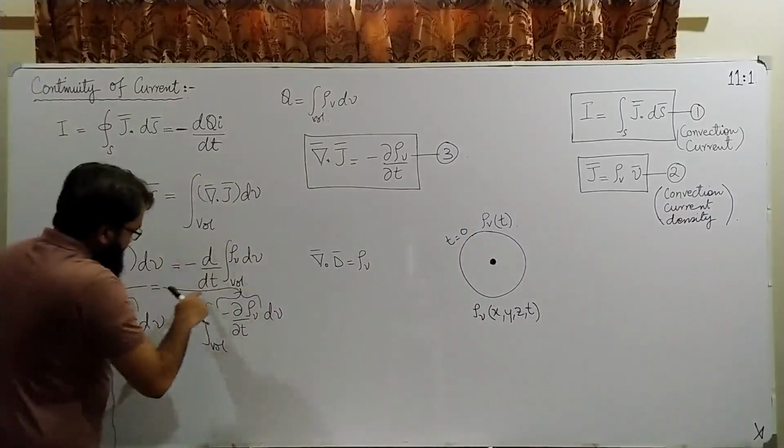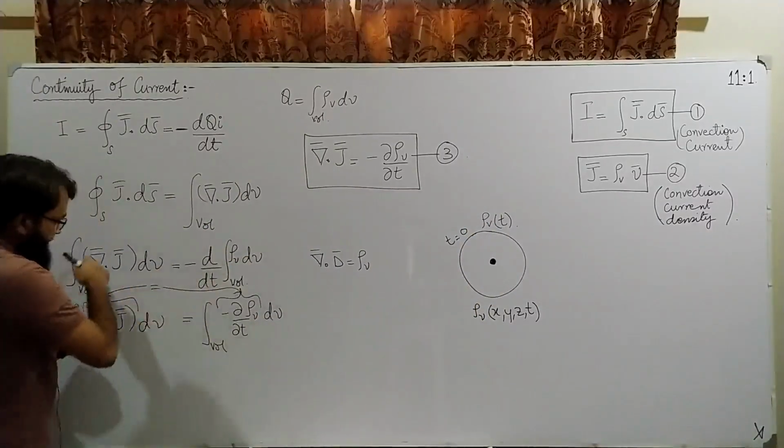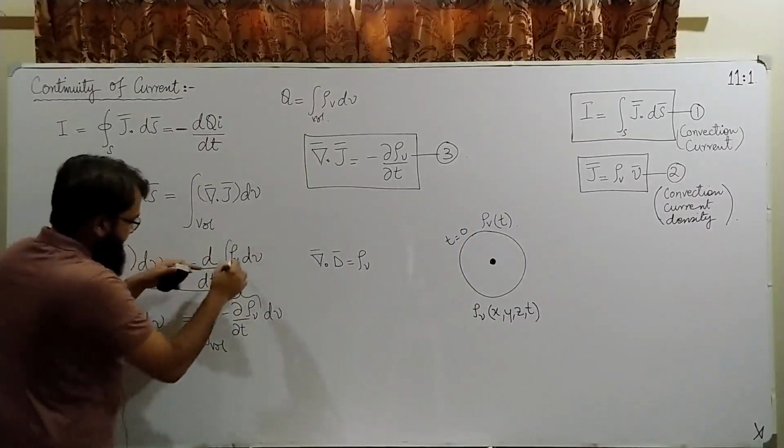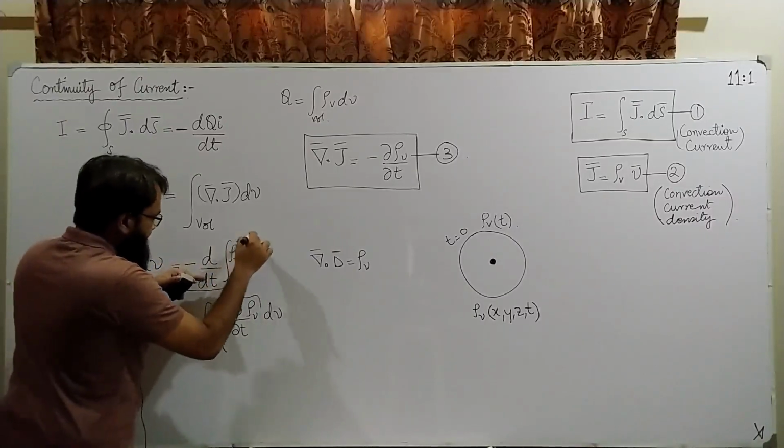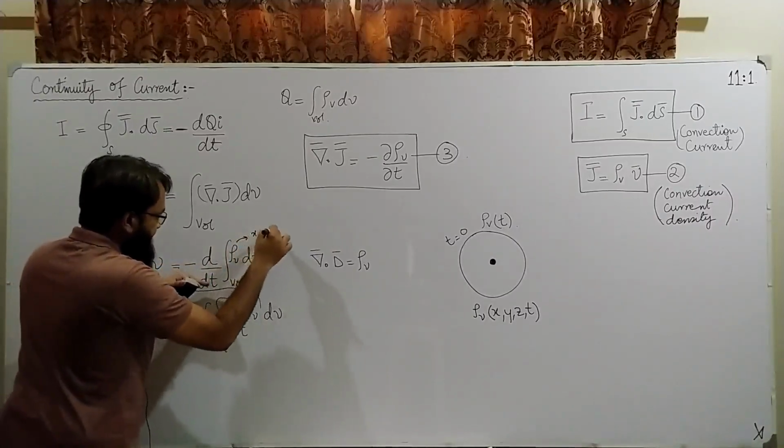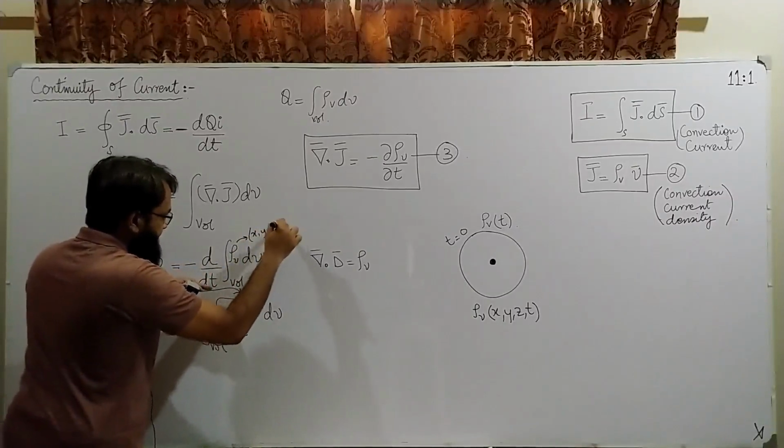So when we were considering this expression, consider the right hand side term: this rho v is a function of x, y and z, and not only that, it is also a function of time.